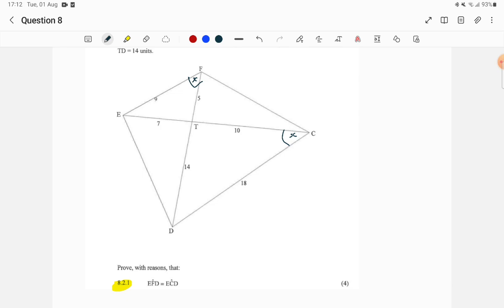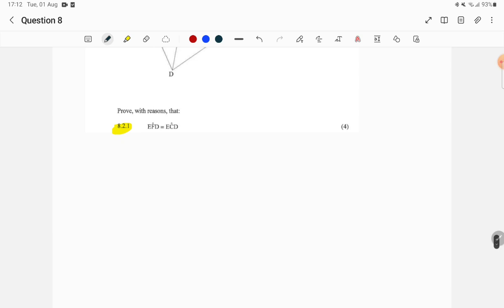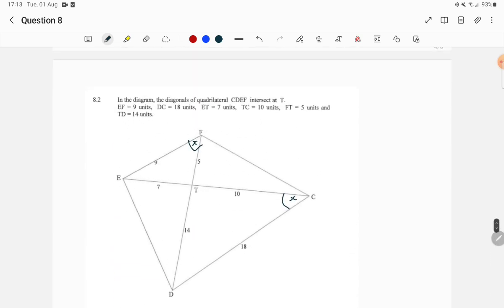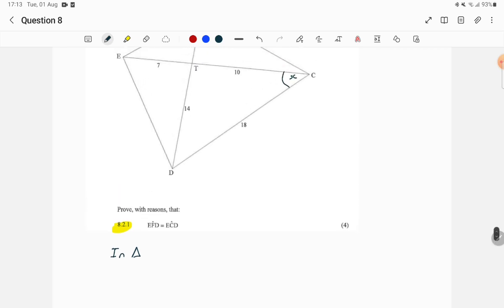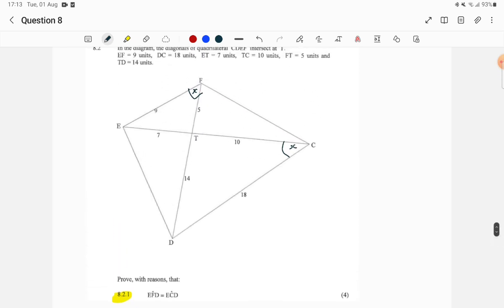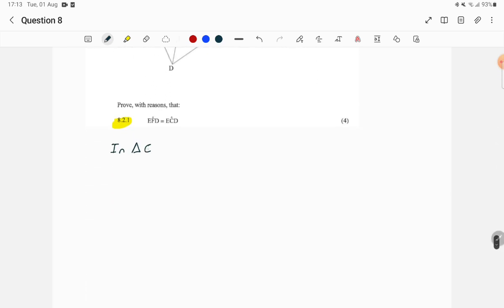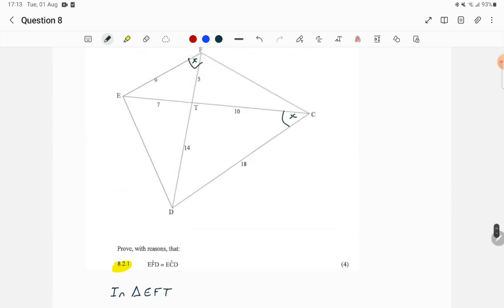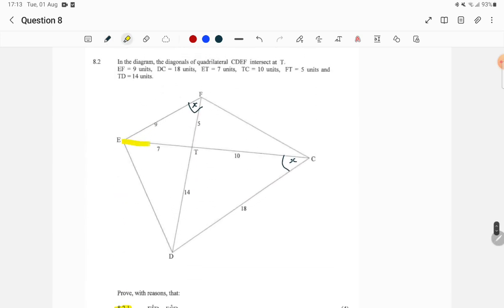All right, so in this instance, let's actually use our ratios. So first things first, we can see that this side EF is half DC. So let's go ahead and write that out first. Let's actually write the triangle. So in triangle EFT, that's the small triangle there, let's just highlight it.